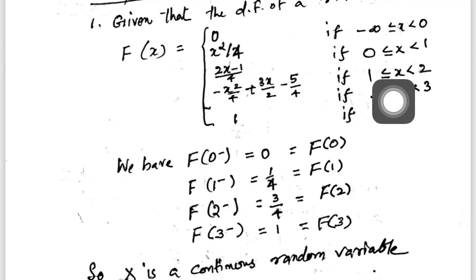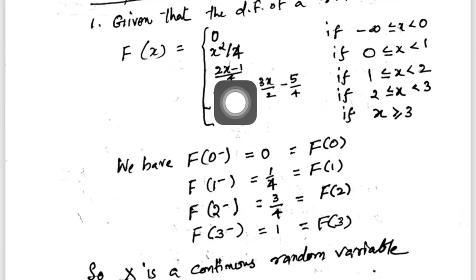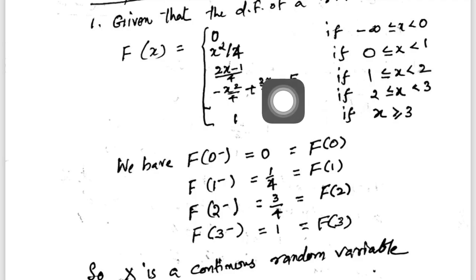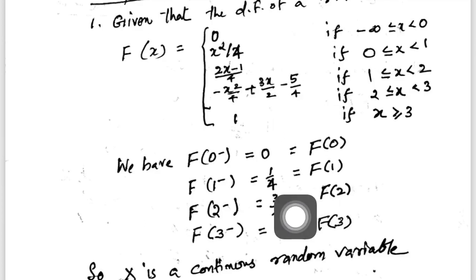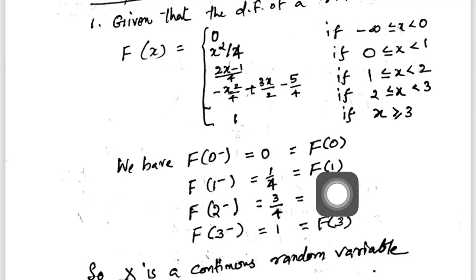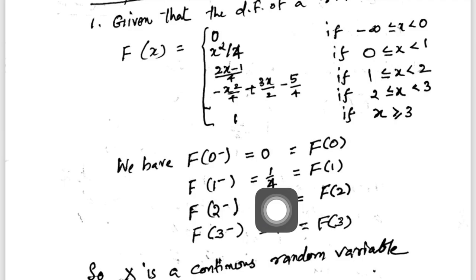So you put x equal to 1 in this formula, minus x square by 4 plus 3x by 2 minus 5 by 4, and you can compute that it is equal to 1 by 4. So F(1-) as well as F(1) are both 1 by 4.